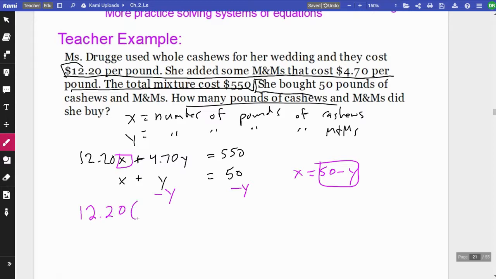So 12.20 times 50 minus Y plus 4.70Y is 5.50. All right, and then I need a calculator quick. So to simplify, we need to distribute.